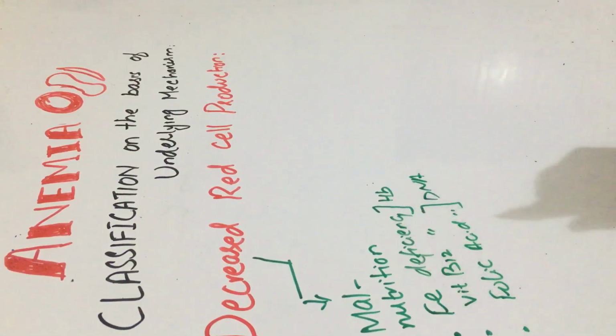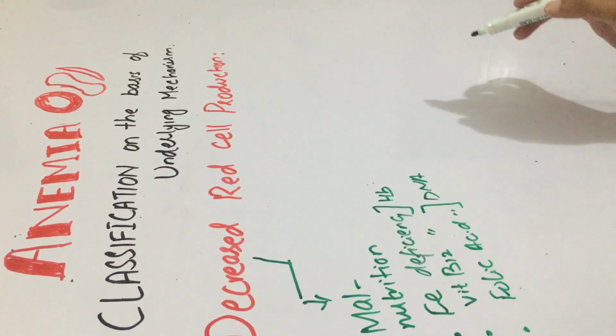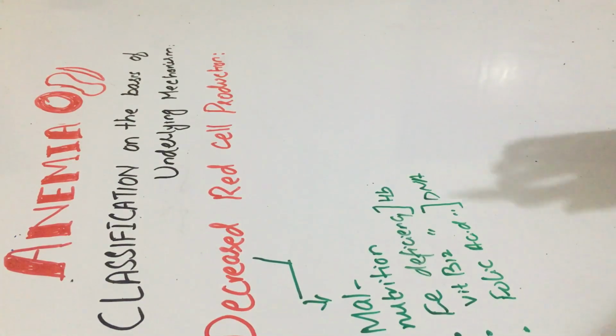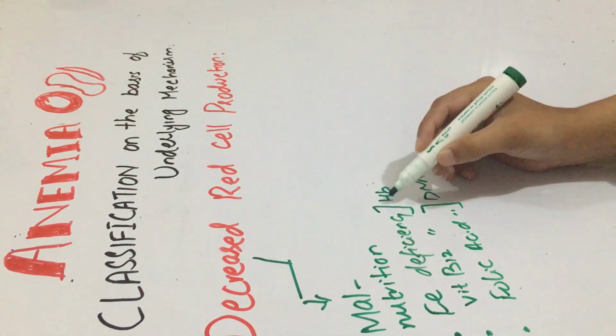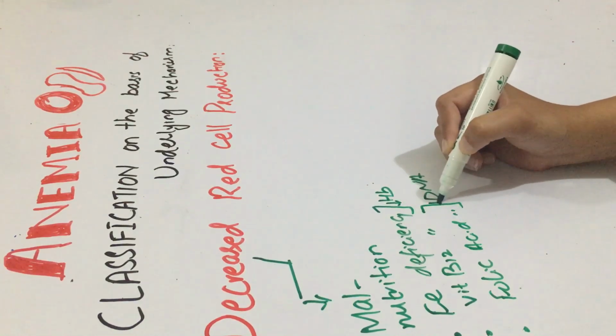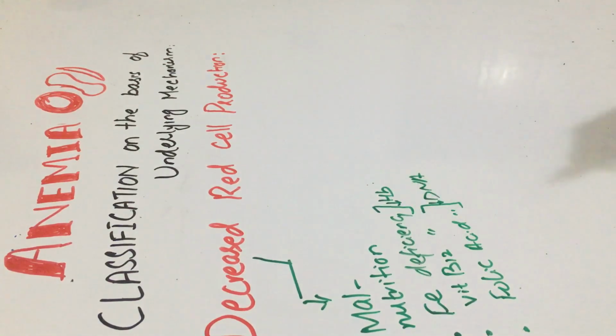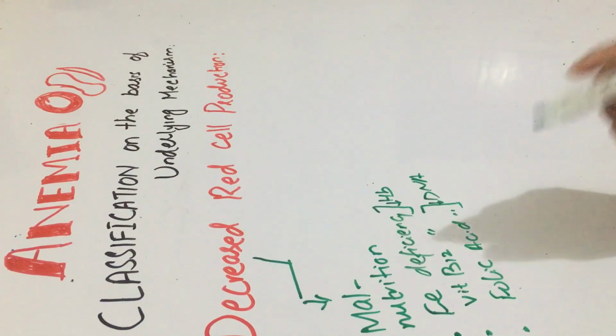So when there is iron deficiency, there is reduced synthesis of hemoglobin, and when there is vitamin B12 and folic acid deficiency, there is decreased synthesis of DNA. So there would be no normal maturation of RBCs. So in decreased red cell production, the first most important cause is malnutrition.